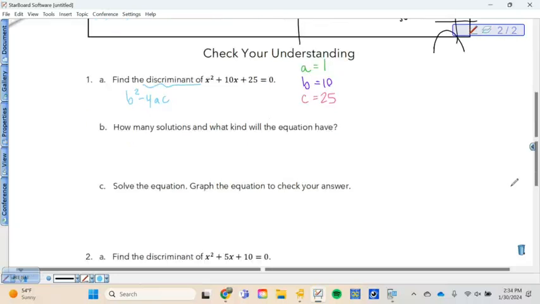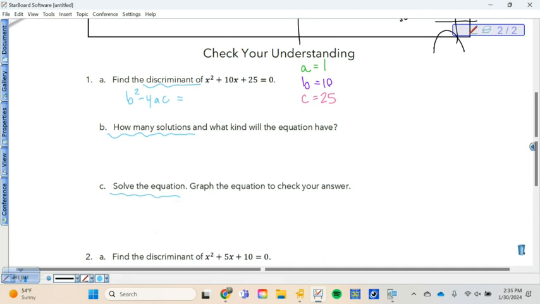I'm sorry. Okay. So calculate the discriminant. And then from whatever that discriminant is, is it positive? Is it negative? Is it 0? That tells you how many solutions the equation is going to have: 2 real solutions, 1 real solution, or 2 imaginary solutions. And then you have to solve it. You have to figure out what x is.